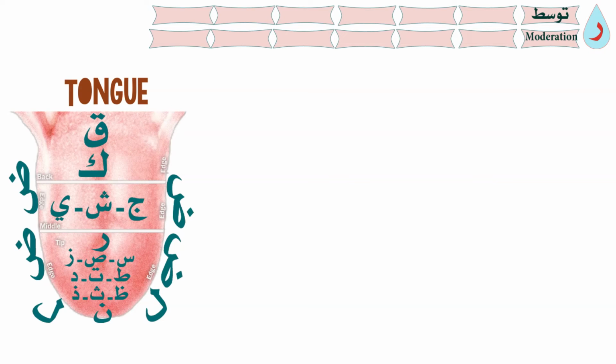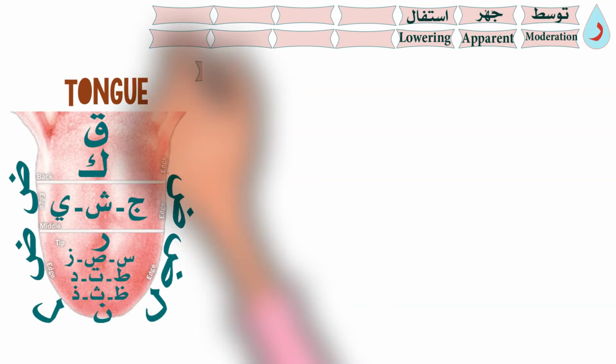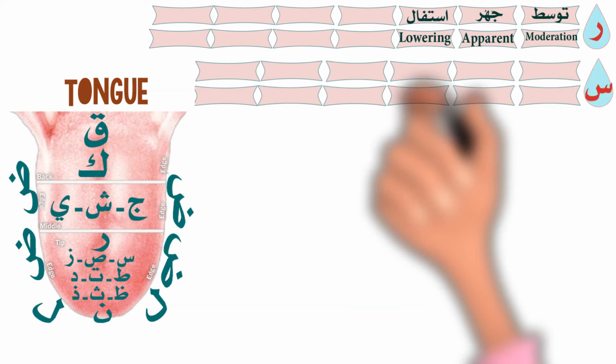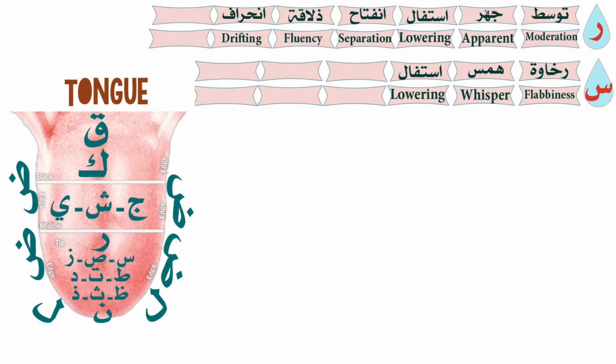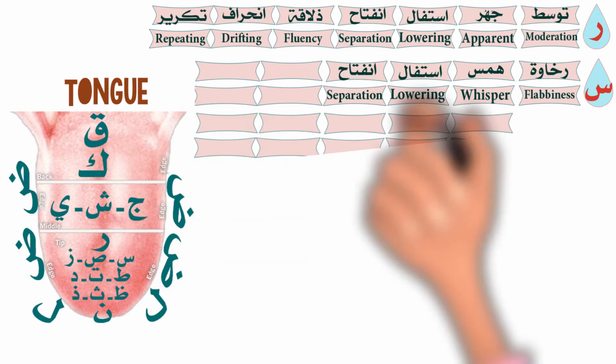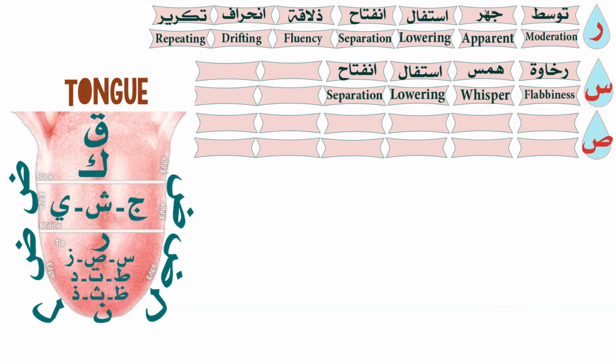First, توسط, moderation, جهر, apparent, استفال, lowering, انفتاح, separation, ذلاقة, fluency, and two characteristics without opposites, not only one like all the other letters. The first one is انحراف, drifting, and تكرير, repeating, the only letter which has this characteristic.